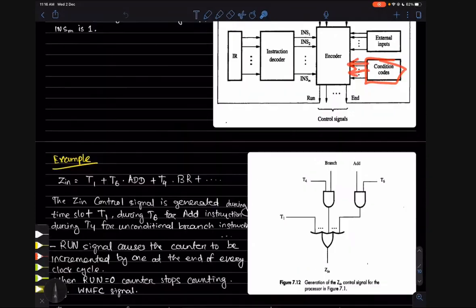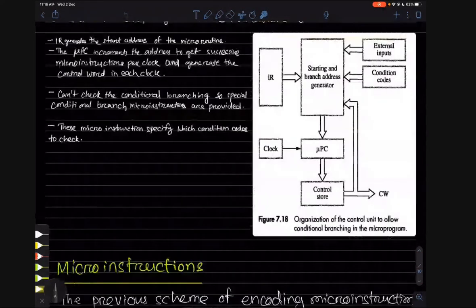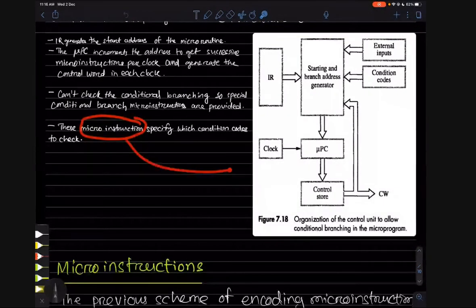But in the software solution, you have to provide a special micro instruction which will go to the condition code register, the status register, and check a specific location to see if it is 1 or 0. Suppose we want to do a branch instruction based on a negative result, depending on whether the N flag is set or reset.